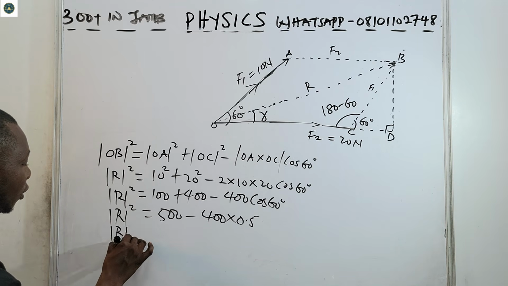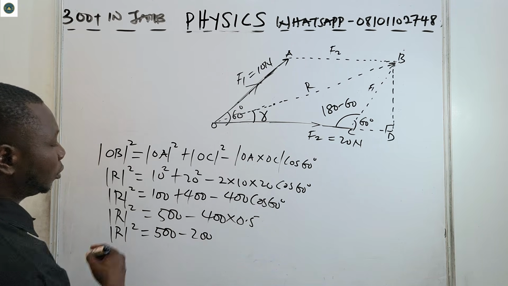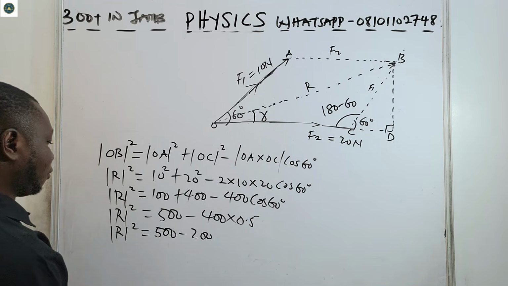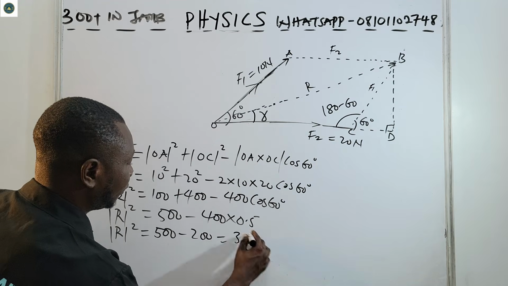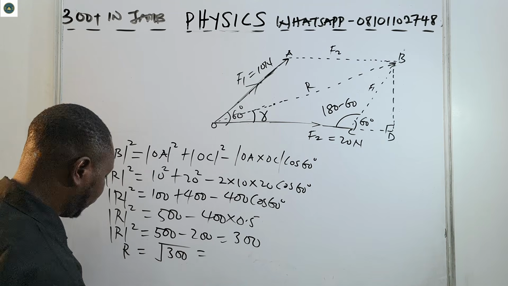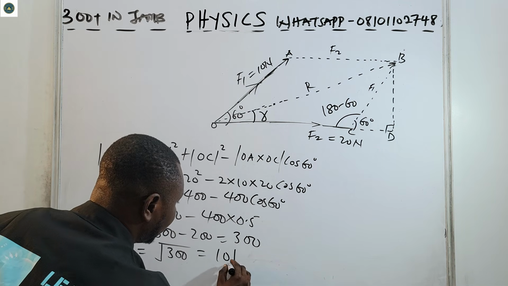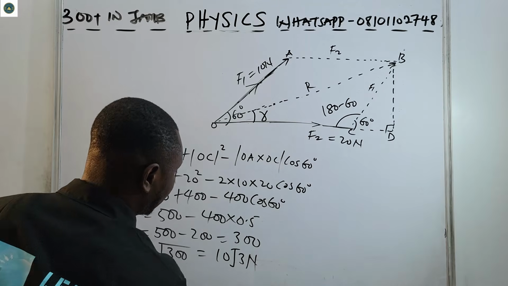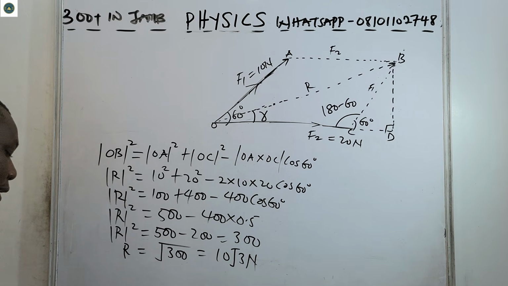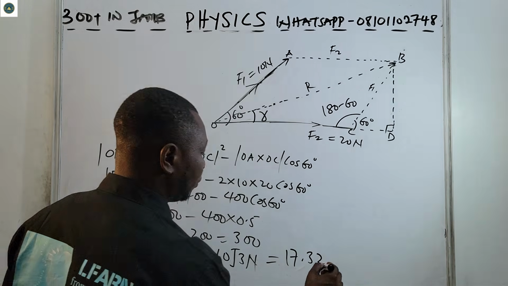So definitely the resultant becomes 500 minus 200. 400 times 0.5, you have 200. So therefore we have 300. So we take the square root of both sides. Square root of 300, you have 10 root 3. So you have 10 root 3 Newton, or 10 times 1.73. That's 17.32 Newton.